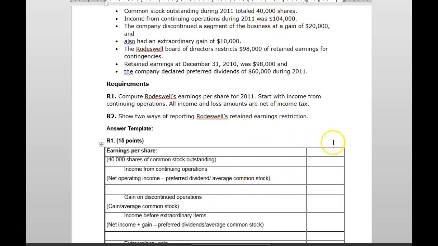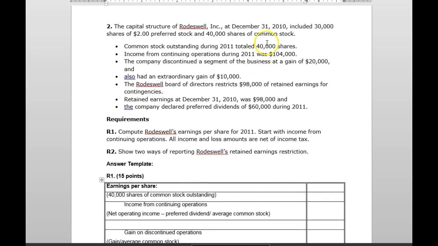So that's its average. So all we have to do is plug numbers now. So this is 104,000. And how much did we declare in dividends? It tells us declared preferred dividends of 60,000. So that gives us 104,000 minus 60,000 divided by 40,000. That gives us our first entry for the earnings per share.